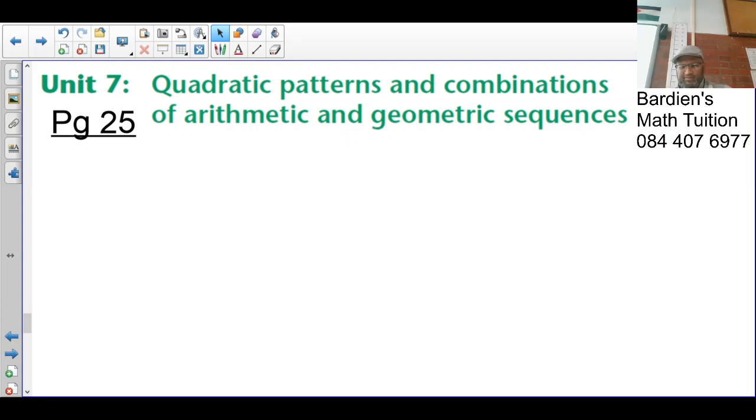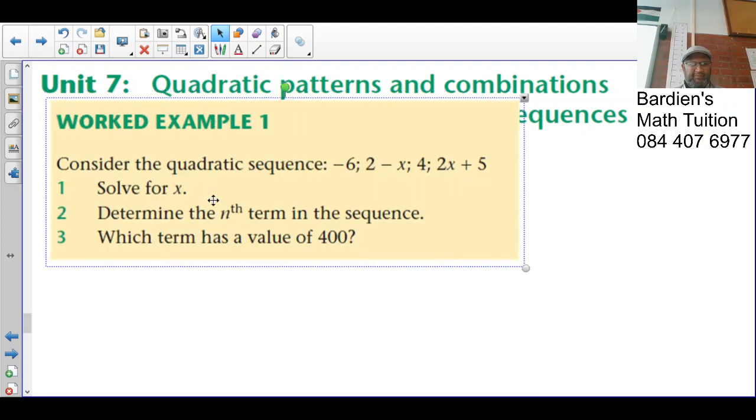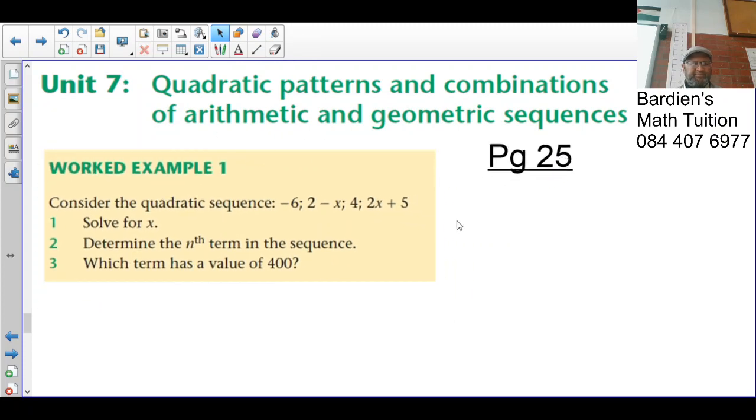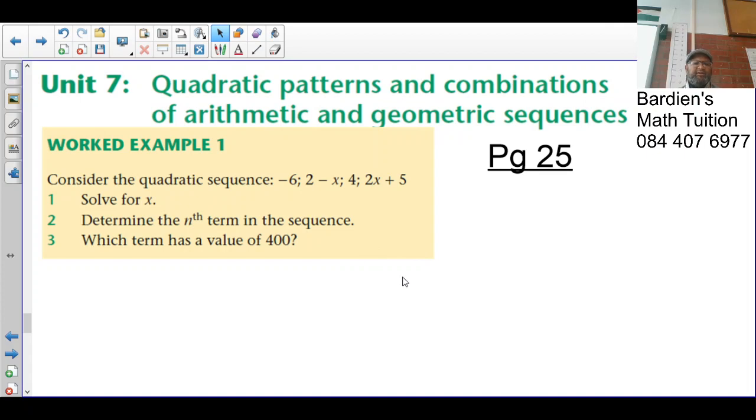Okay, page 25. Alright, so worked example 1 on page 25, we are told, consider the quadratic sequence negative 6, 2 minus x, 4, and 2x plus 5.